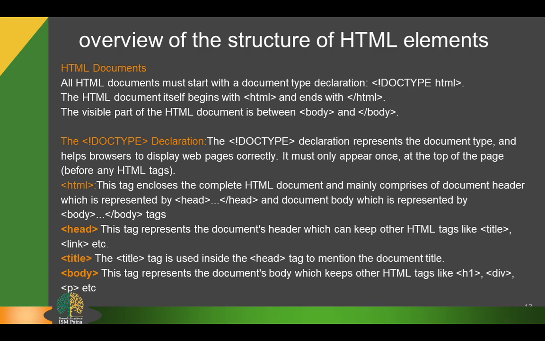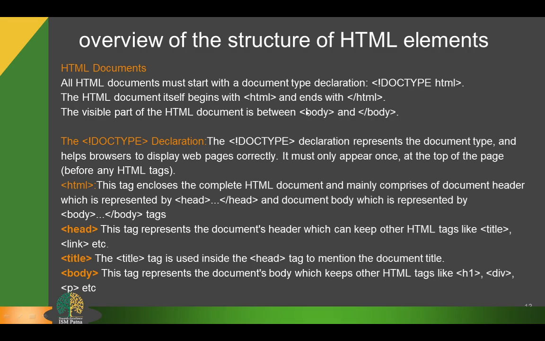Let's discuss one by one what an HTML document is. An HTML document must start with a document type declaration. The HTML document itself begins with the HTML tag and ends with the closing tag of HTML. Always remember to put the slash when you close any HTML tag. The visible part of the HTML document is between the body tags.